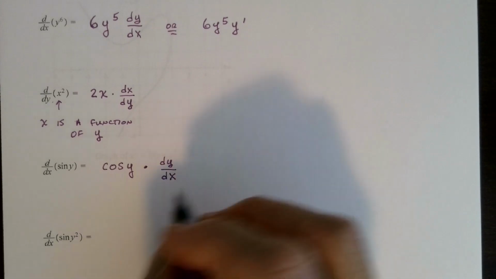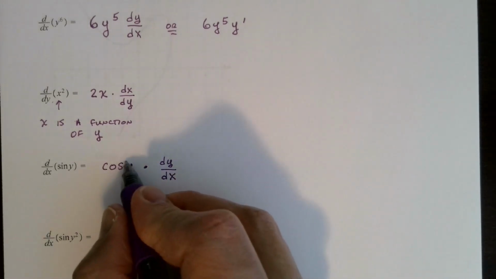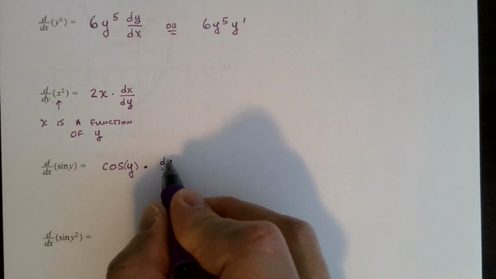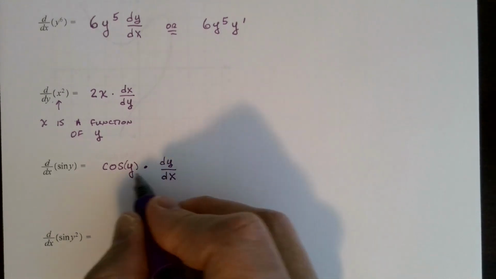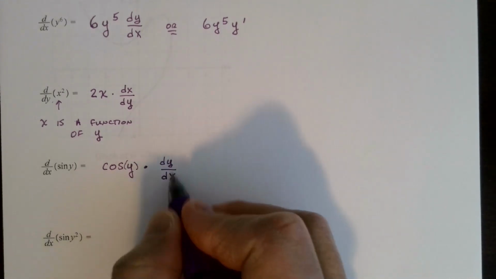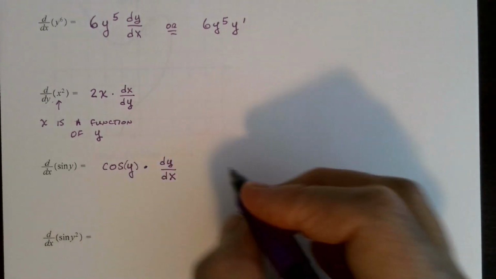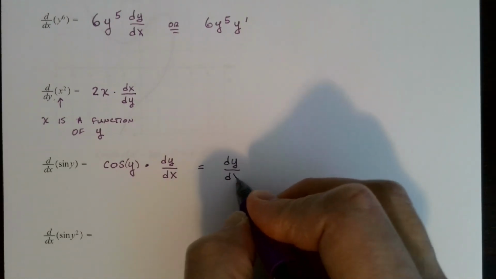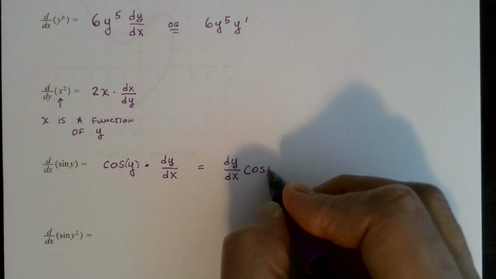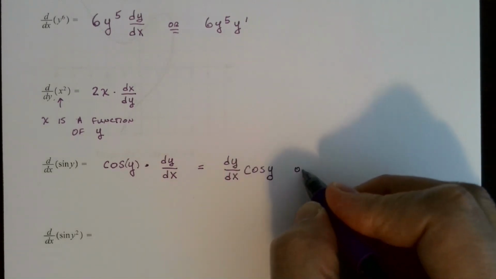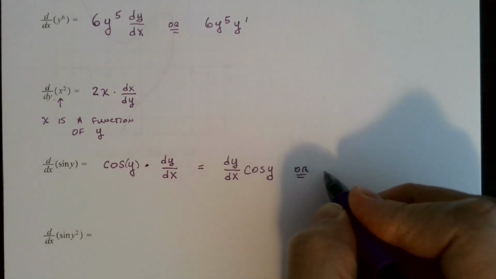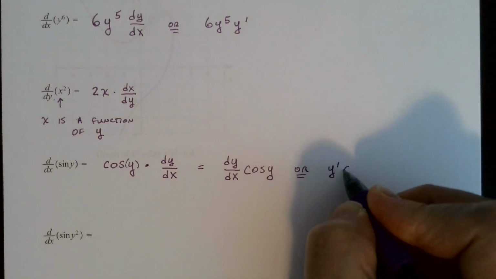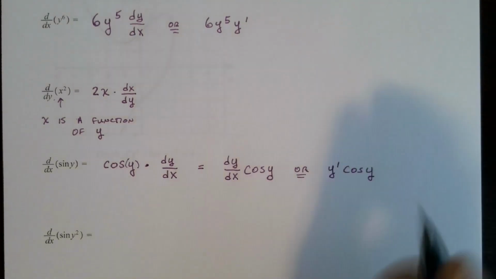Now, it's real important that this is cosine of y times this derivative, so don't bring the dy dx inside the cosine function. In fact, sometimes you might see it written this way instead, just to make sure we don't do that. Or, if we use the prime notation, y prime cosine y.